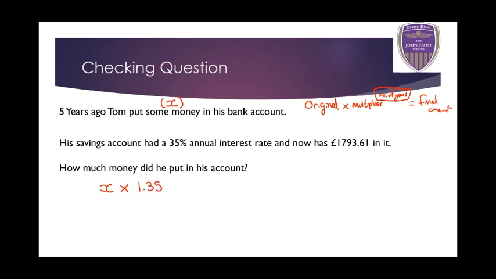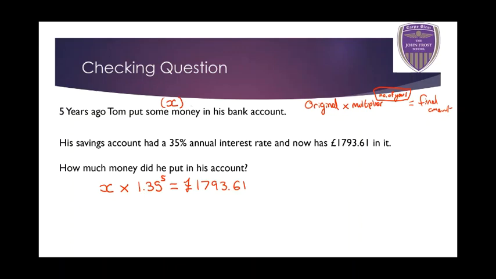And this money was in the bank account for 5 years, so put it to the power of 5. And this is equal to, because we know the amount he has in his bank account at the end, £1,793.61. Now how can we rearrange this equation so that we find out what X is?